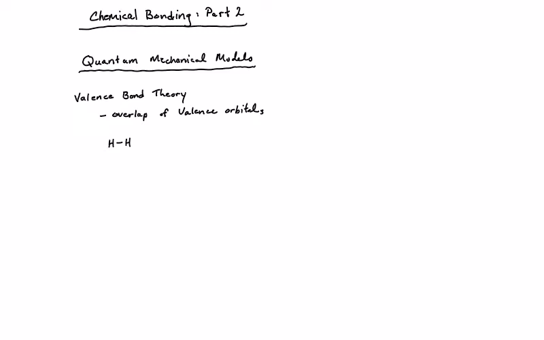So if we have one hydrogen atom, its single electron is going to exist in its 1s orbital, and the same thing can be said for the other hydrogen atom. The dots at the center represent the nuclei, and the circles around them represent the 1s orbitals.